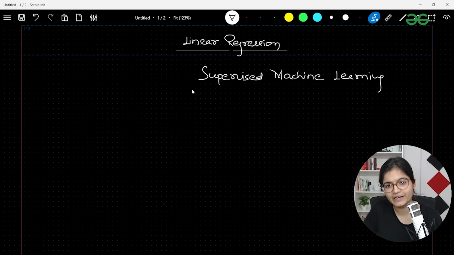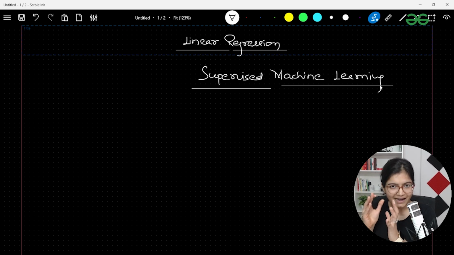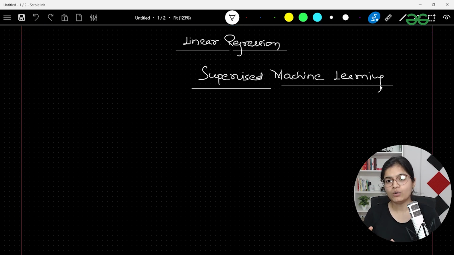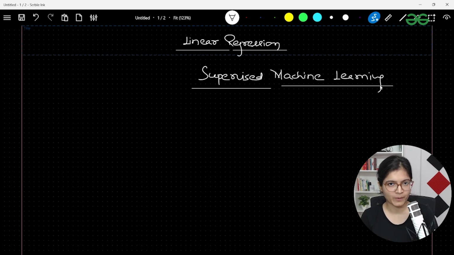Whenever we have target data available with us, so whenever we're talking about the machine learning domain, we have already discussed that we will be dealing with a huge amount of data, right? Now, data can be of different forms, simply numeric data or categorical data. Let's assume that you are solving a problem, and in that problem a target value is given to you.